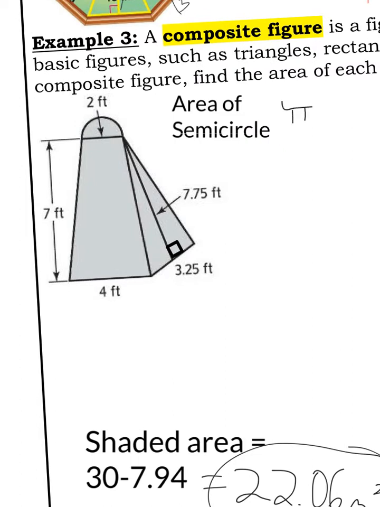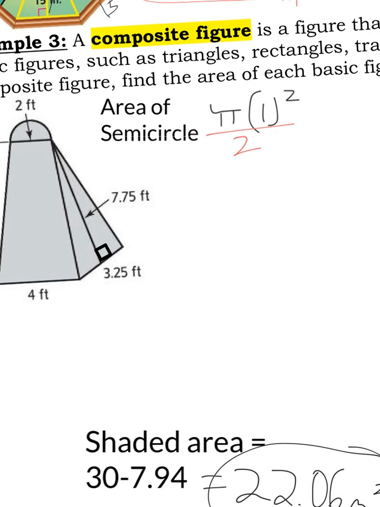And 2 is that whole length of the top, so the radius is half of that. So pi times 1 squared. And then remember, this is a semicircle or a half circle, so you got to divide that by 2. So type in pi 1 squared over 2, and that's going to be 1.57 square feet.